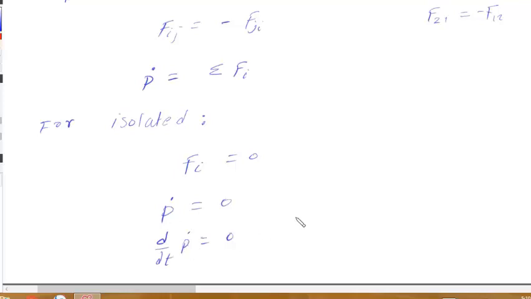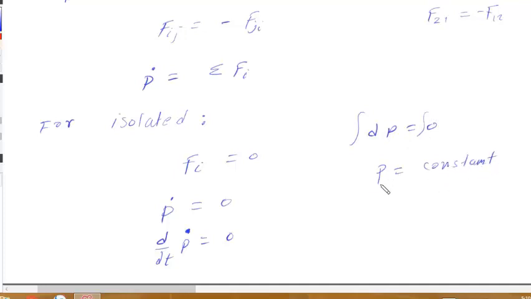Then we can write dP/dt, this is not a dot, so dP is equal to 0. Then we integrate both sides, and P is constant.